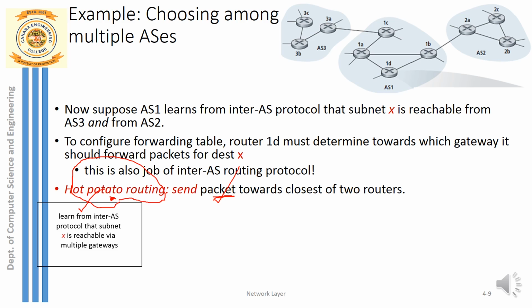First, if I take this as an example, router 1A is the source. First, through the inter-AS routing algorithm, it has to find out about the destination, that is, through which edge router the destination is reachable.